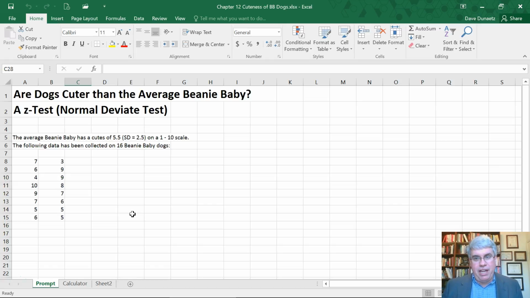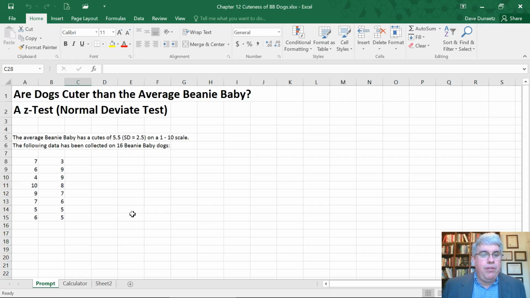Now, we could do this by telling people that you have to rate them with a limited number of scores, and the average has to be 5.5. So suppose that that's the case. Now, using this same scale, we could have people rate the cuteness of dogs, and we can tell from a sample if Beanie Baby dogs in general are cuter.